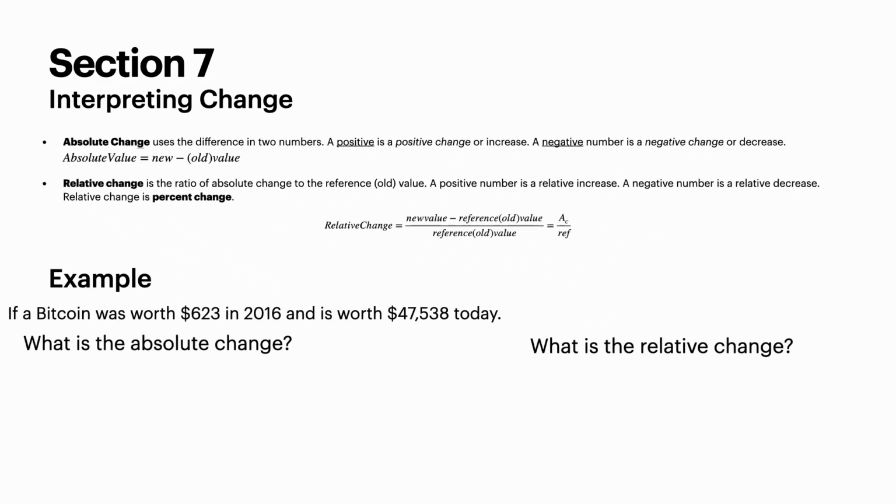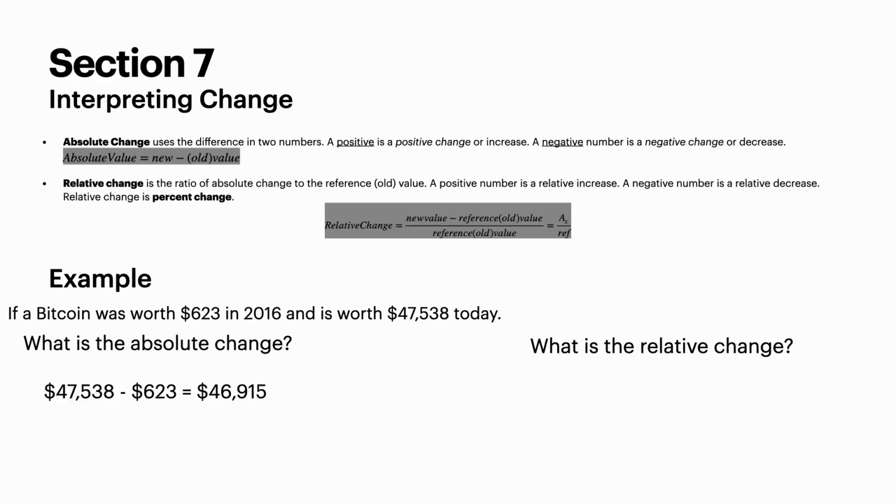So here I have an example. If Bitcoin was worth $623 in 2016 and is worth $47,538 today, what is the absolute change? What is the relative change? So the absolute change is just the difference. We just subtract them and we find that it's 46,915.